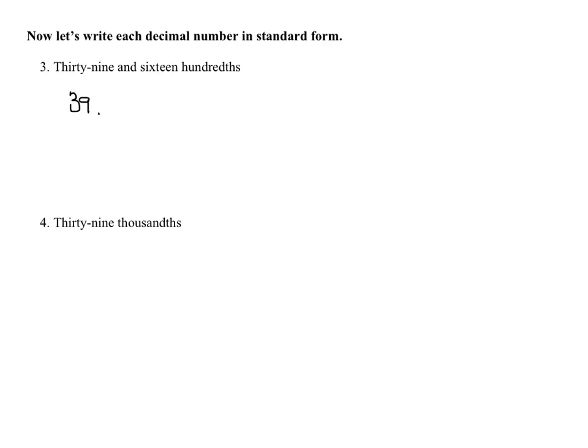So you write the number 16, and then you have to make sure the last digit is in the hundredths place. Is it? Let's see. Well, the 1 is in the tenths place. Yes, the 6 is in the hundredths place. We're golden.